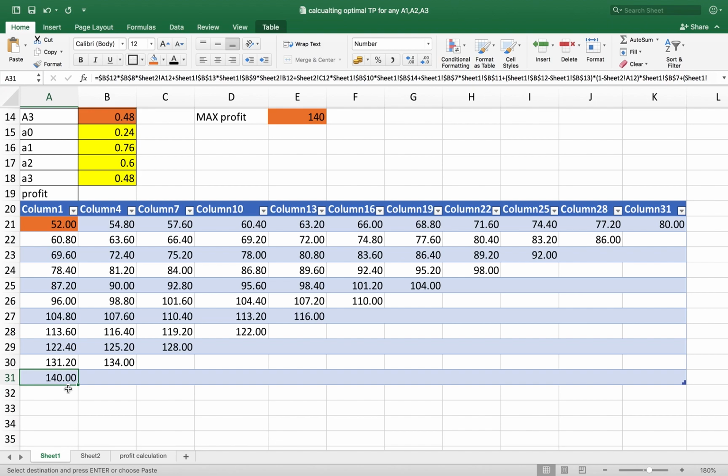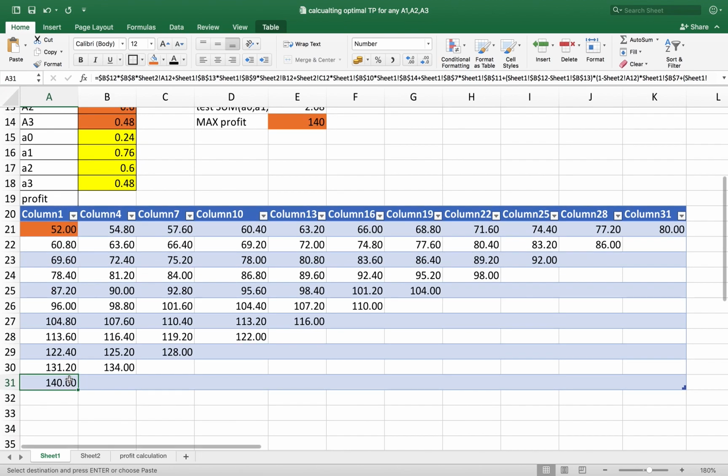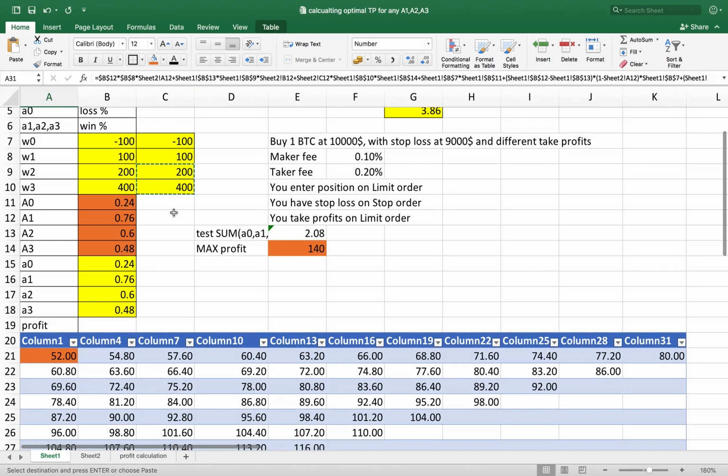So in here, for instance, I get optimal. I can get $140 per trade on average return, and this is with no fees.